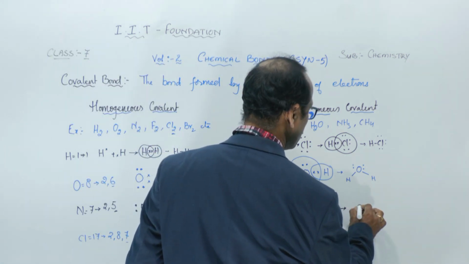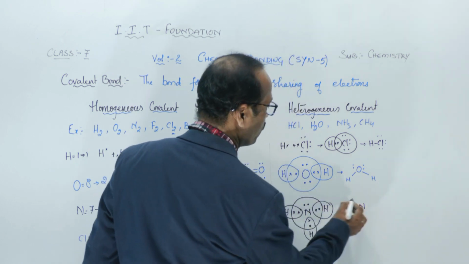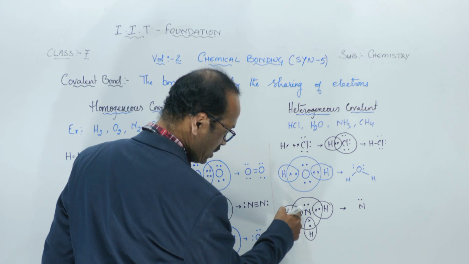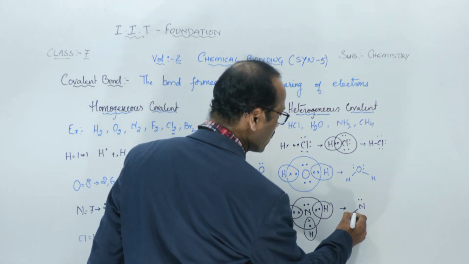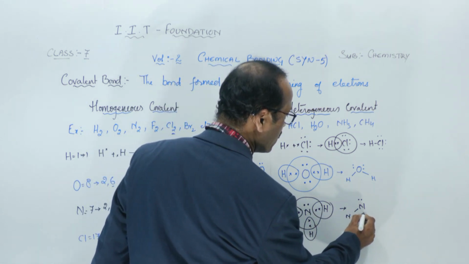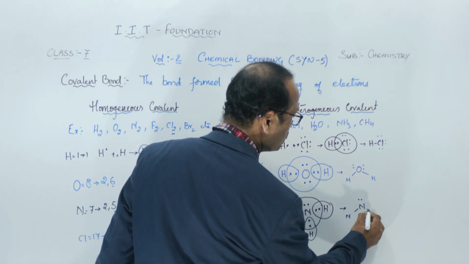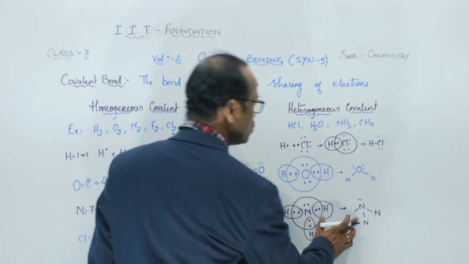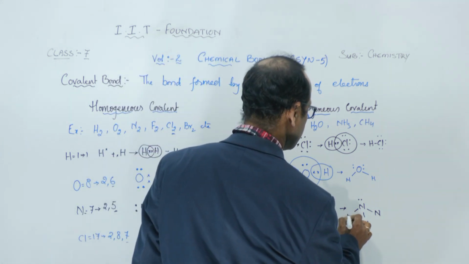So now how can you draw the structure? You can draw nitrogen which has one lone pair of electrons. So put one lone pair of electrons, and it's combining with 3 hydrogens, single bond. So like this, you write one hydrogen, second hydrogen, third hydrogen. Sorry, this is hydrogen.